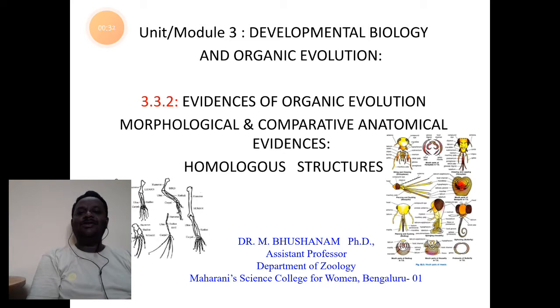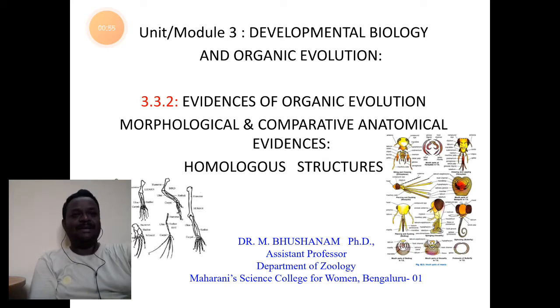Well, in today's session, we are going to learn another topic of organic evolution, that is, under morphological and comparative anatomical evidences of organic evolution, the concept of homologous structures or homologous organs.